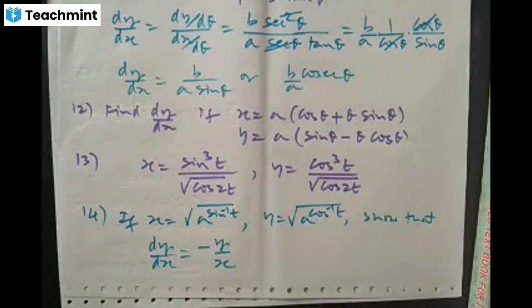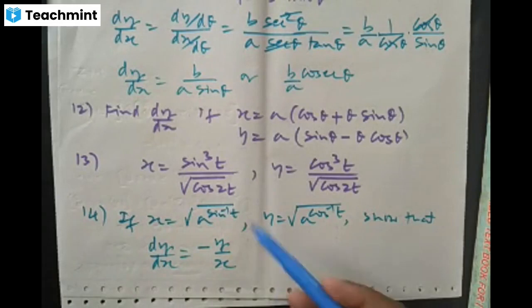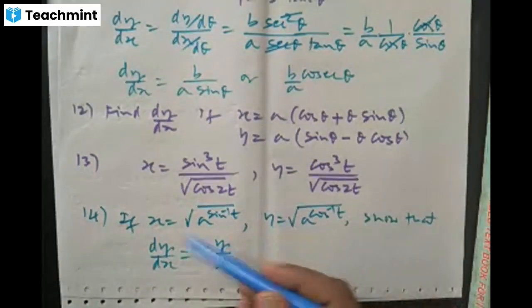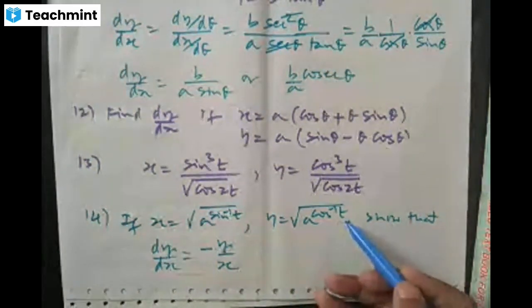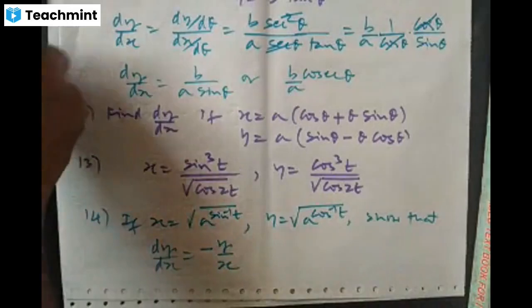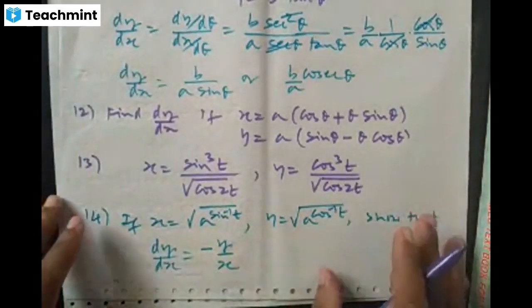Either show that dy by dx is minus y by x by the usual method by finding dy by dt and dx by dt, or straight away eliminate the parameter t. I'll give the hint also, you try to work out.